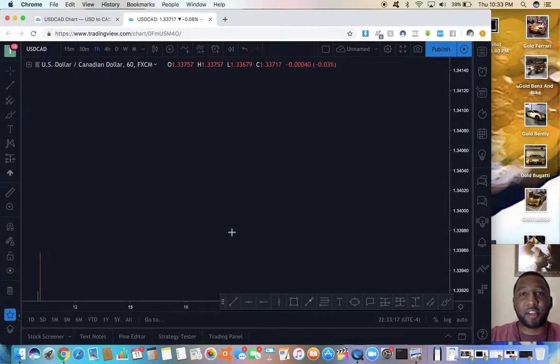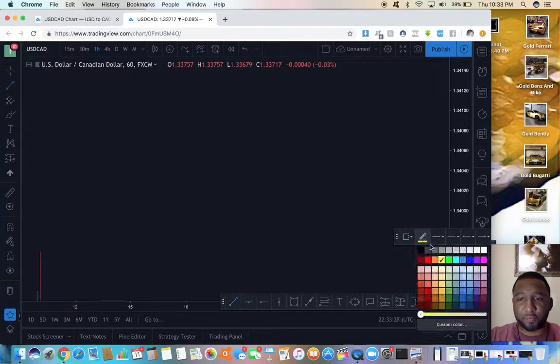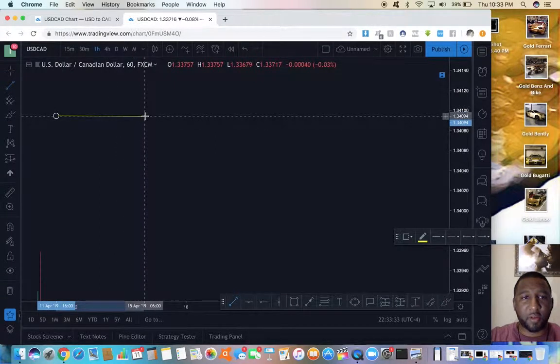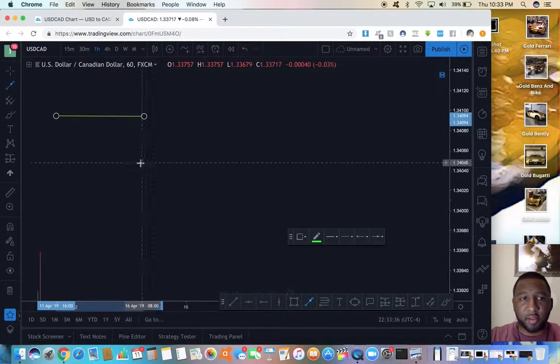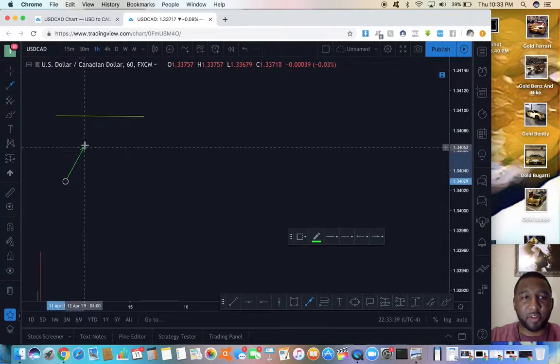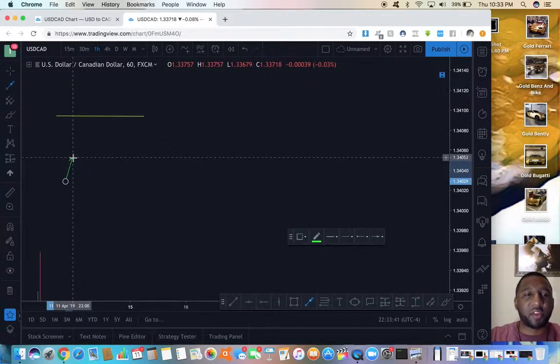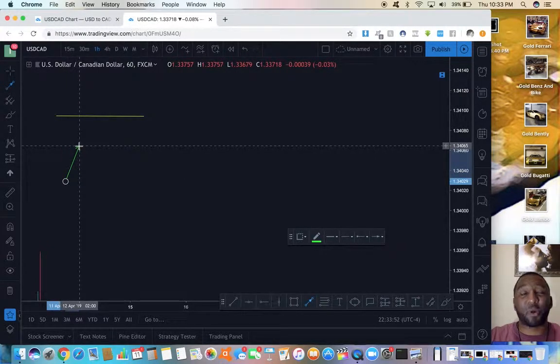So right now I have a blank screen, and I'm going to explain 4 of the 5 different types of orders. In example number 1, we're going to draw a line right here. This green arrow is going to represent the market. Let's say the market is moving up, but it's not quite where you want to be in the trade yet.